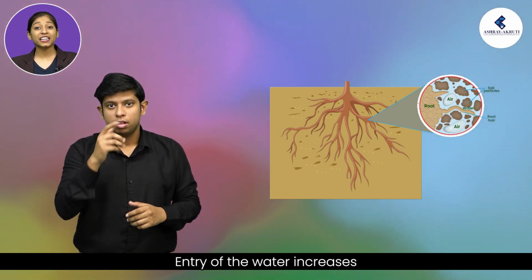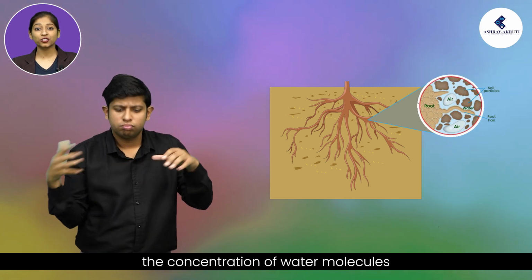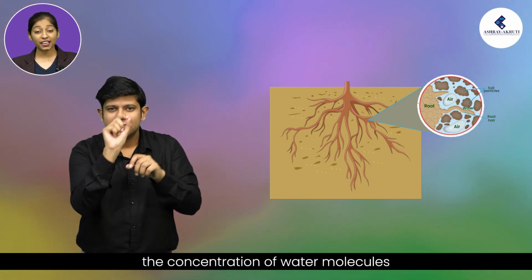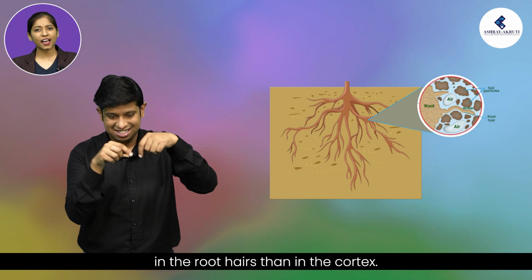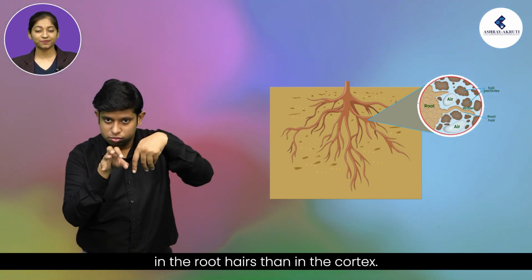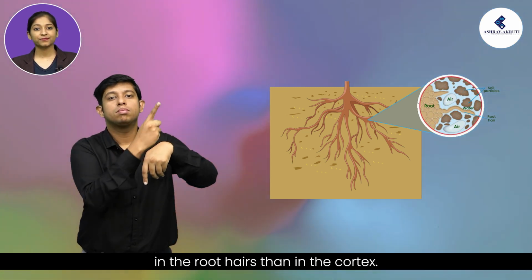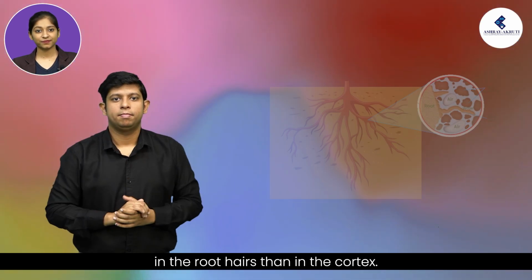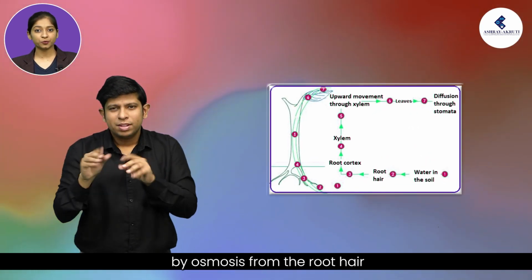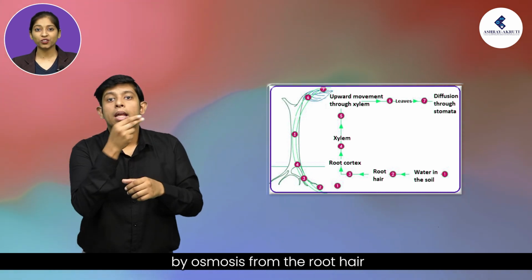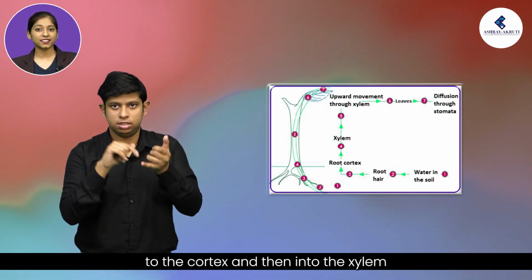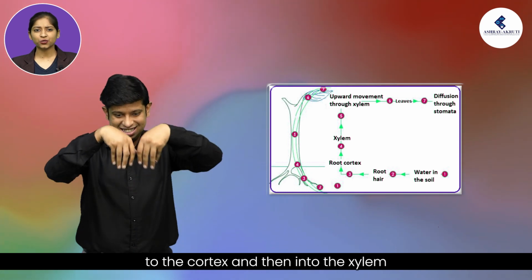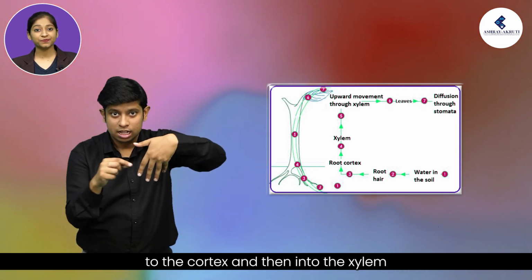Entry of the water increases the concentration of water molecules in the root hairs compared to the cortex. Thus, water moves by osmosis from the root hair to the cortex and then into the xylem.